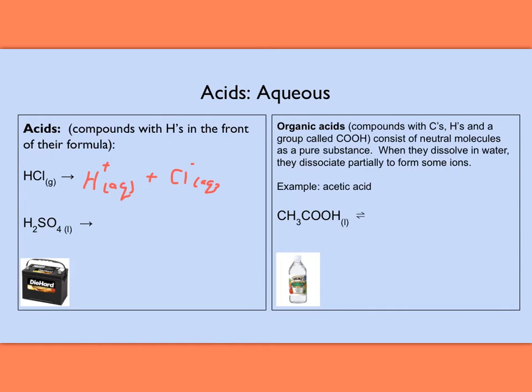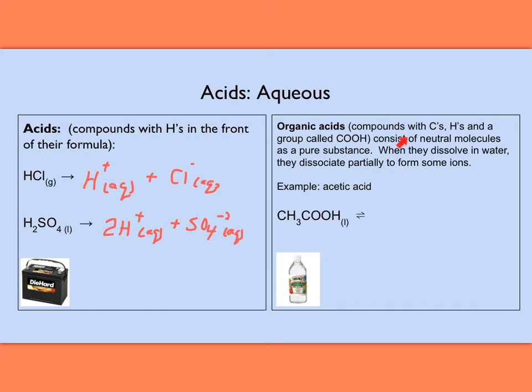Sulfuric acid has two hydrogens in the front, and so we'll write that two hydrogen ions are produced, and a sulfate ion, and that has a charge of 2-.